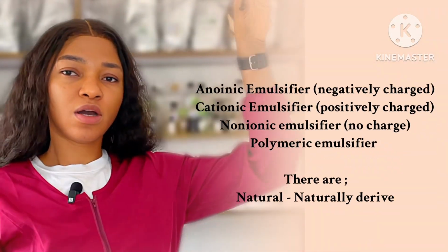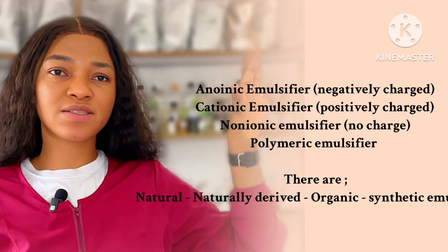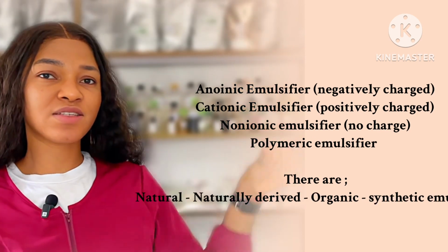Now, there are different kinds of emulsifiers. We have the anionic emulsifiers, which are negatively charged, and we have the cationic emulsifiers, which are positively charged, and we have the non-ionic emulsifiers. These are emulsifiers that have no charge at all, and then we have the polymeric emulsifiers. Okay, I'm going to try to leave a small note here for you guys to see. I hope my screen has enough space.